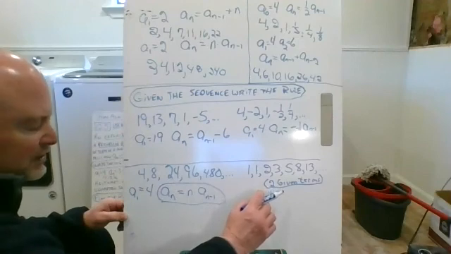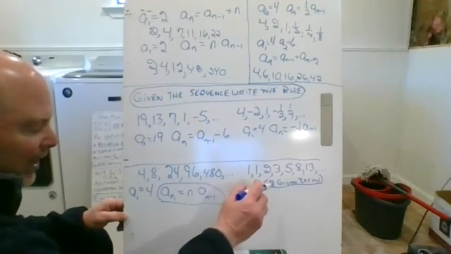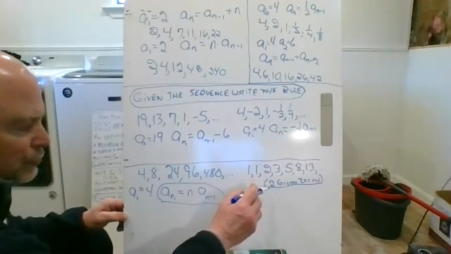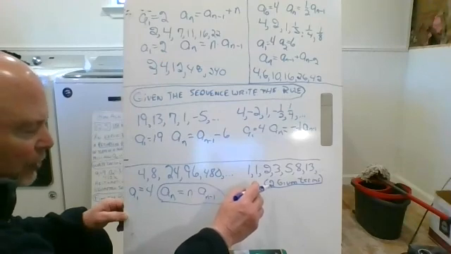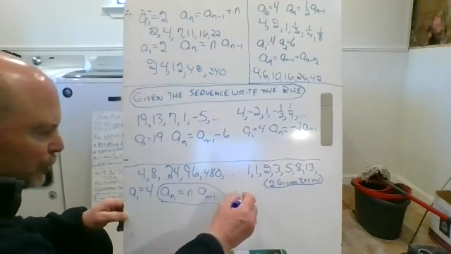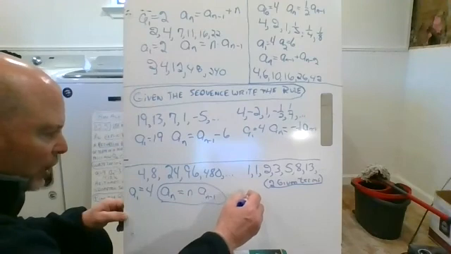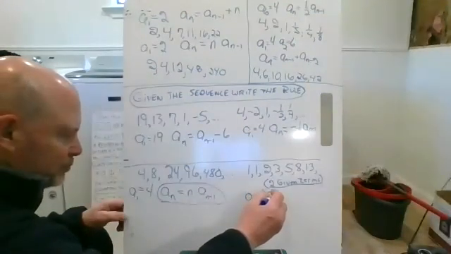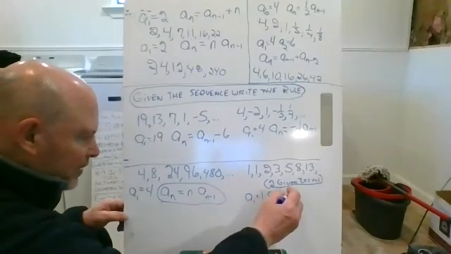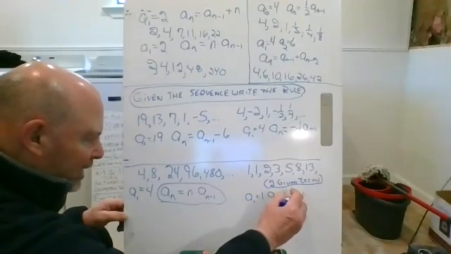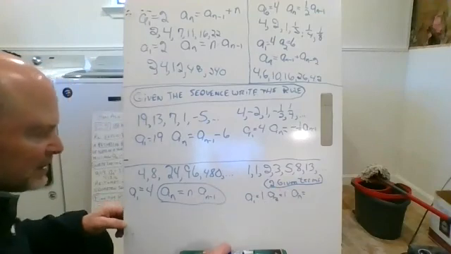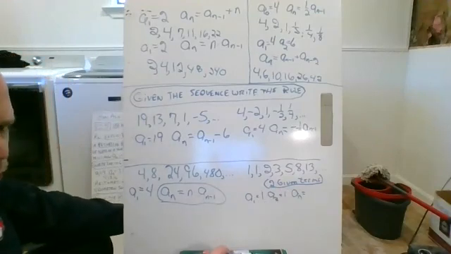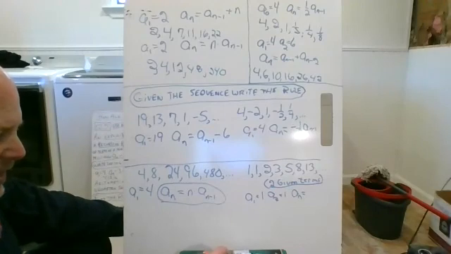And let's look at this last one. Now, this one I'm telling you is going to be given the first two terms. So we start with a sub 1 is 1 and a sub 2 is 1. Then we need to know what a sub n is. Does anybody see the rule? What is a sub n?